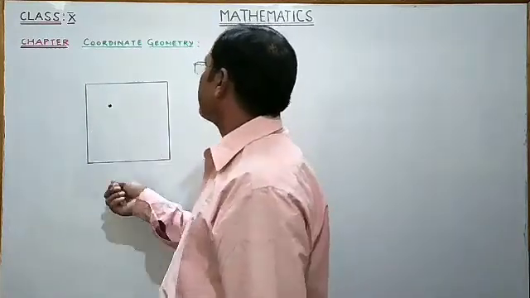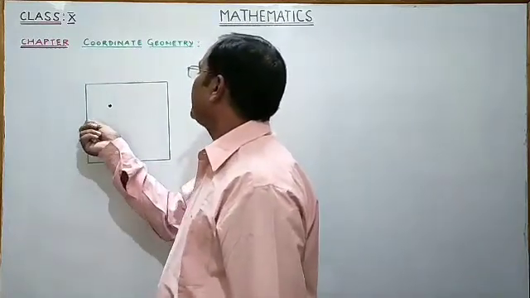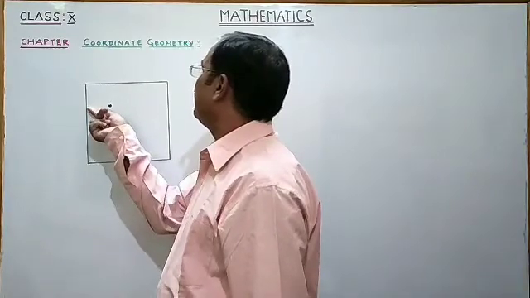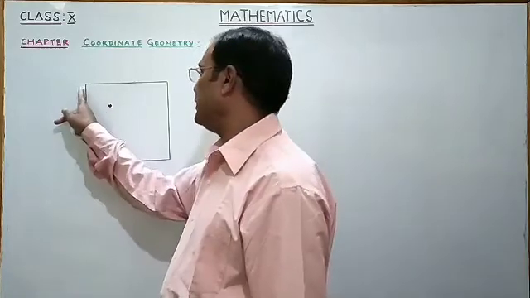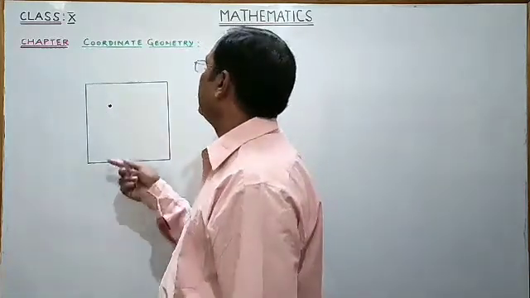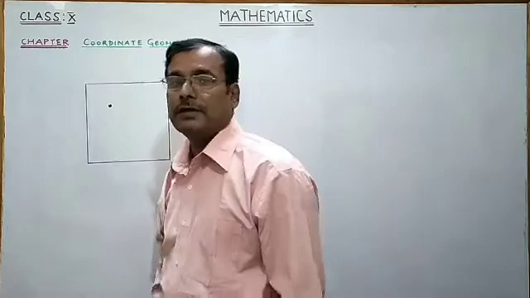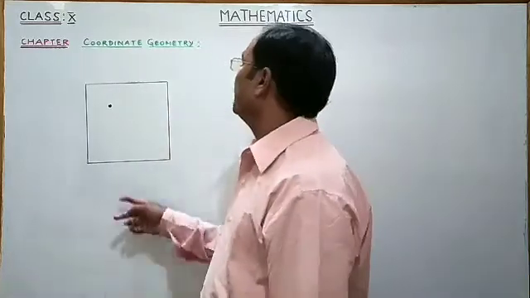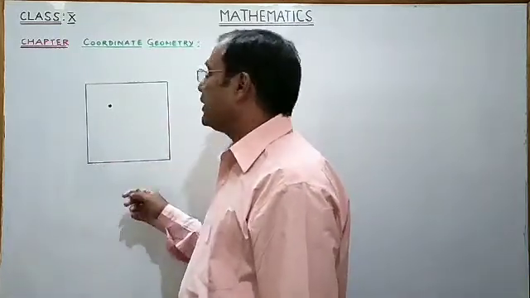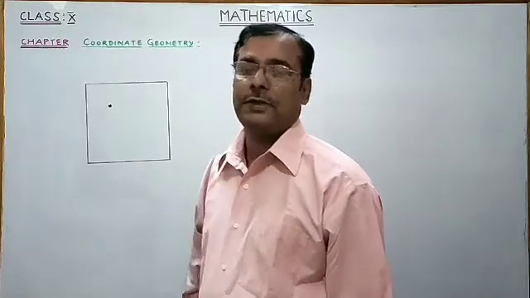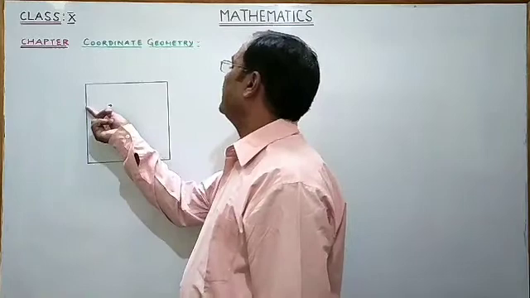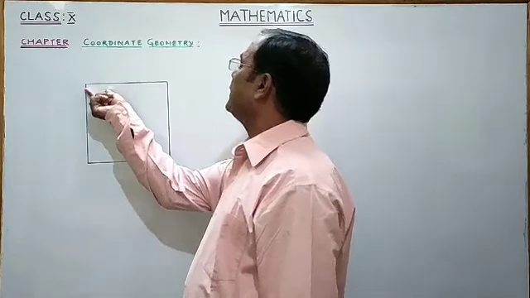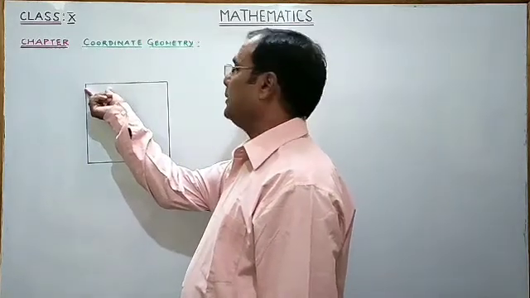That's why if you say that this dot is 5 centimeter away from the left edge of the paper, then it helps to give some idea about the position of the dot. But still it does not fix the position of the dot on the paper, because the dot can be here at 5 centimeter from the left edge of the paper.